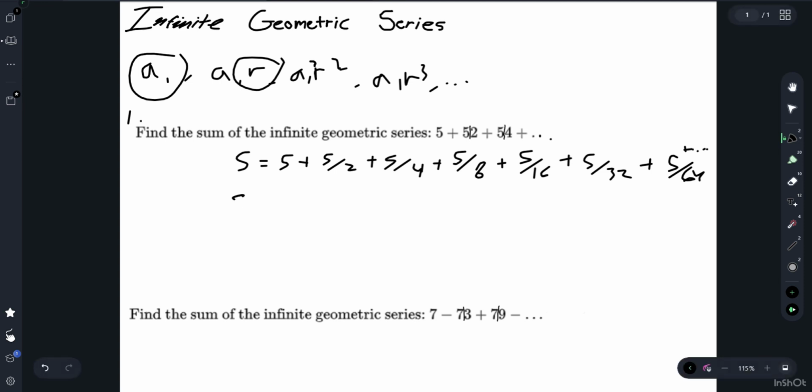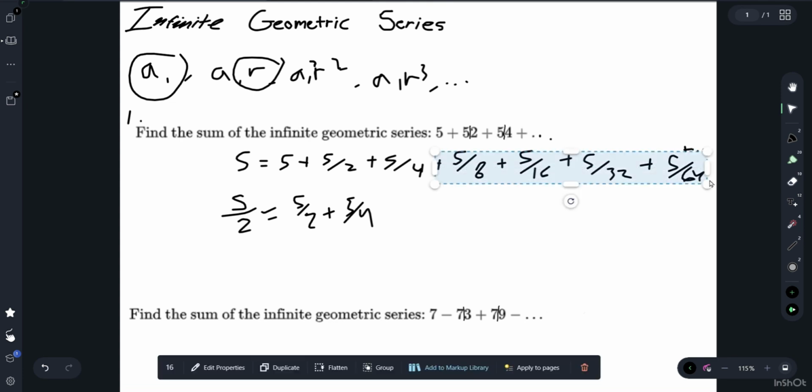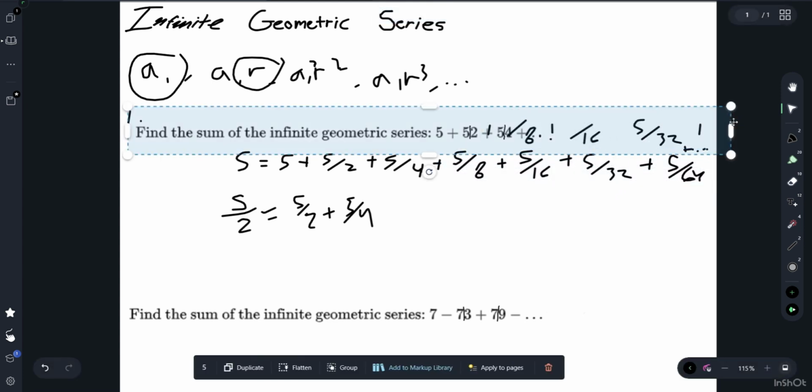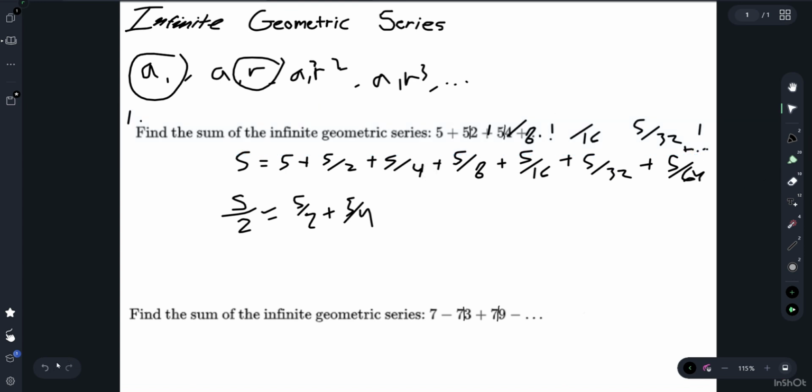So S multiplied by 1/2, because that's our r, is equal to 5 over 2 plus 5 over 4, and the rest.